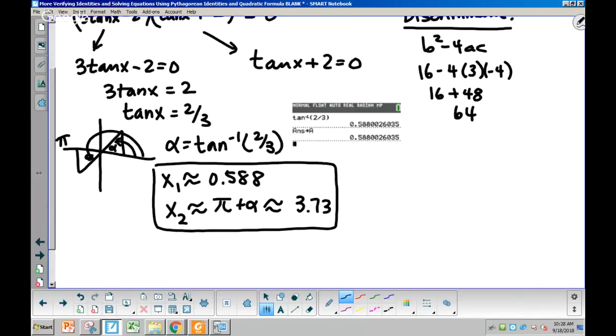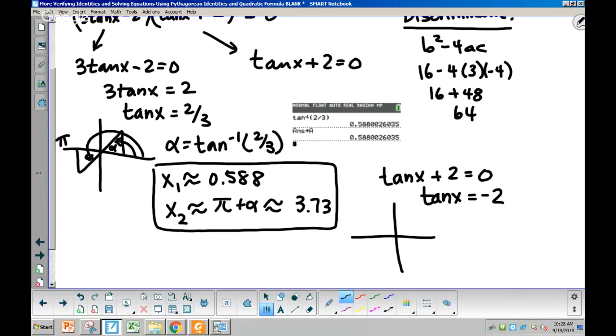And so that's the first set of solutions. And then I have to solve tan x plus 2 equals 0. So let's do that over here. So tan x plus 2 equals 0. Tan x equals negative 2. So tangent's negative in quadrants 2 and 4. Good. So alpha is one I don't know, and danger, danger.